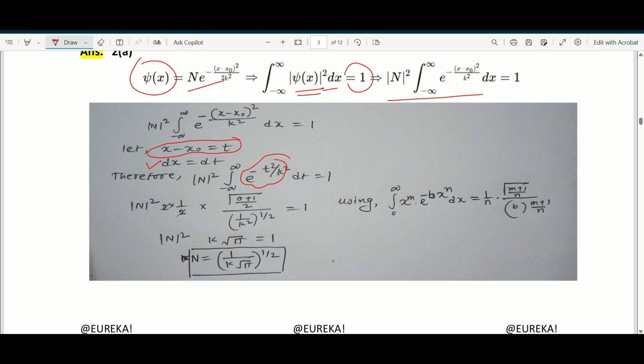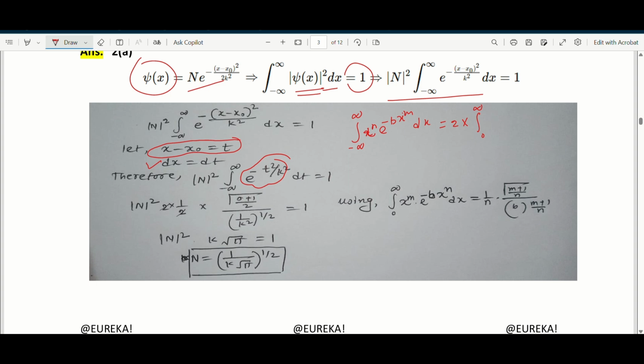Here this is a gamma function, so we use the trick, the direct formula: the integral from minus infinity to plus infinity of x to the power n e to the power minus b x to the power m dx will be 2 into the integral from 0 to infinity.